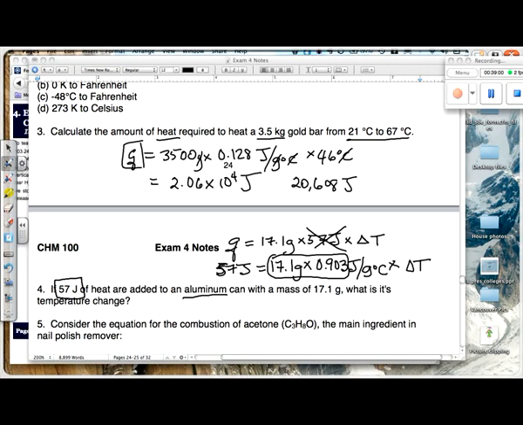Okay, so I'm going to write it over here. 57 divided by, when I multiply those two numbers, I get 15.44, equals our change in temperature. And I got 3.69 is the temperature change. All right.